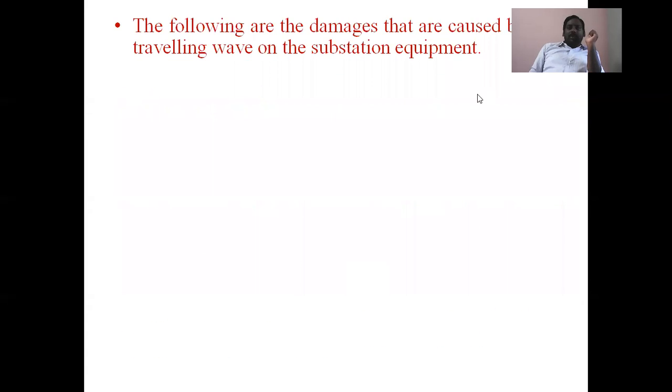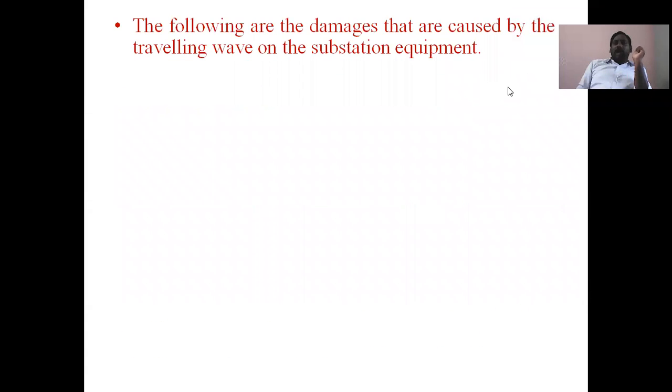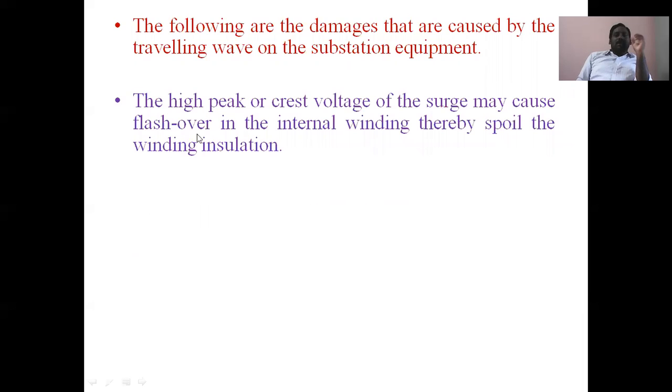See here, the following are the damages caused by the traveling wave on the substation equipment. What type of damages occur when lightning exists? The high peak or crest voltage, crest voltage meaning amplitude value, of a high magnitude surge may cause a flashover in the internal winding, thereby spoiling the winding insulation.